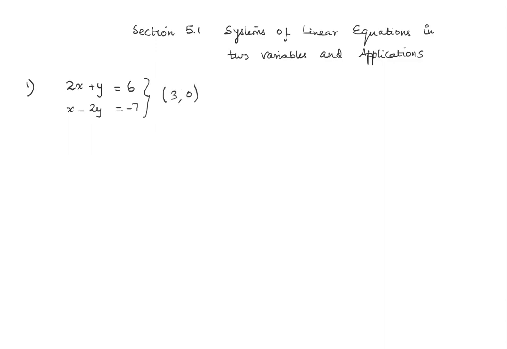In order to do that, we have to plug in the x and the y value into the given equation and check both sides. But we have to check both equations. So I'm going to try the next one.